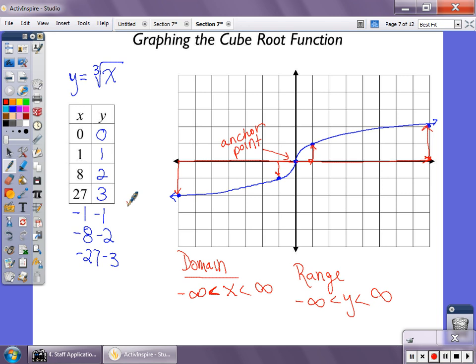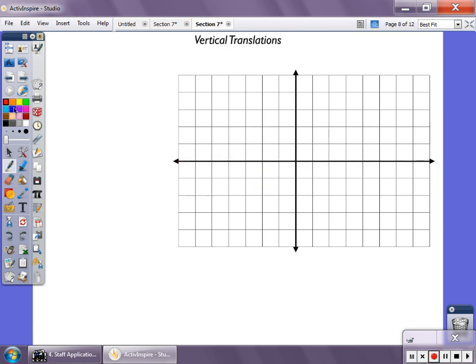All right, so now let's start doing our shifts. The first one I'd like to do is a vertical translation here. So we're going to look at y equals the cube root of x, and let's just say plus 3. Why not? Well, we are adding on the outside. And remember, it's just like the square root, it's just like a parabola.